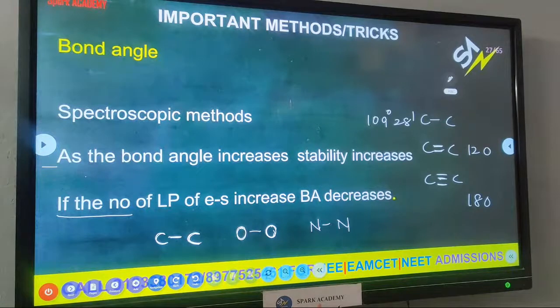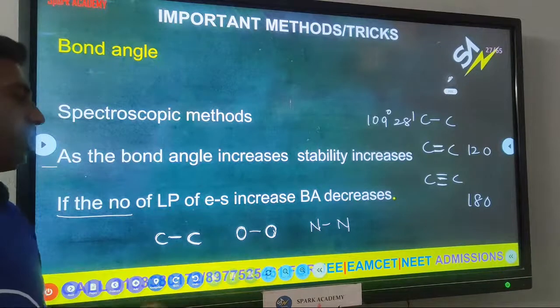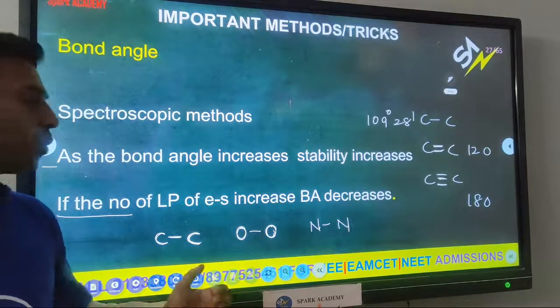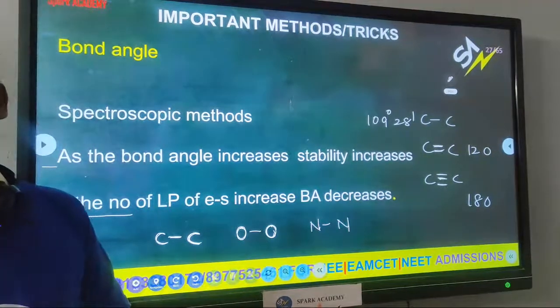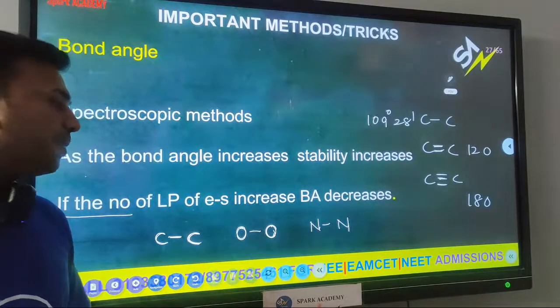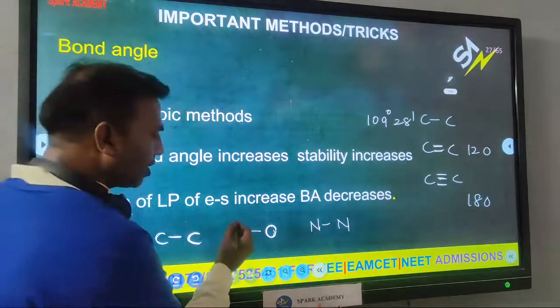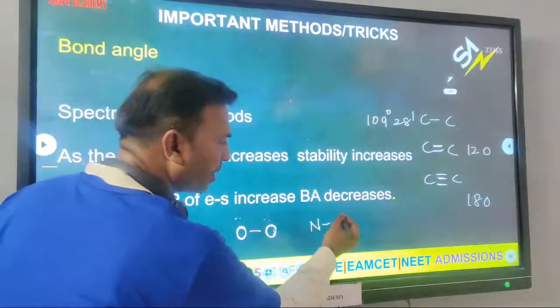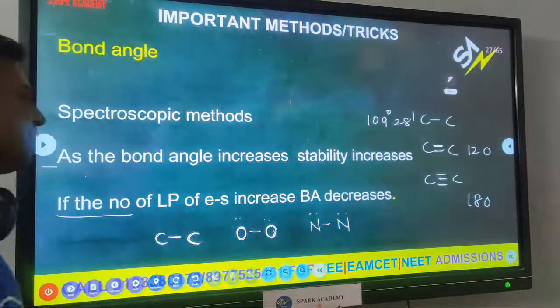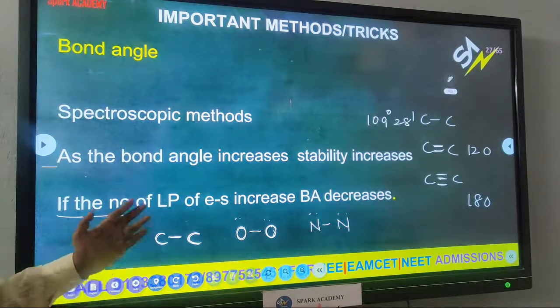How many lone pairs does it have? In the carbon-carbon bond, the number of lone pairs is 0. Now come to the oxygen-oxygen bond: how many lone pairs are present?